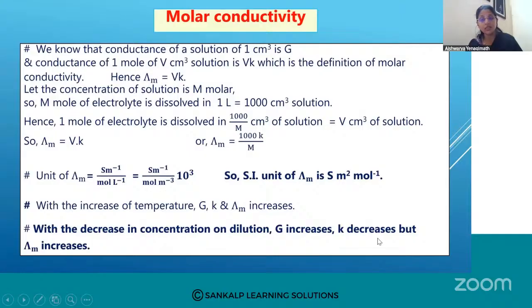Kappa decreases, conductivity decreases, because concentration decreases, but molar conductance will increase. Now this particular point we are going to see: how conductivity varies with molar conductance.